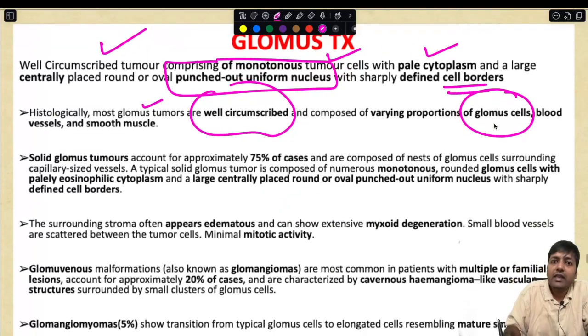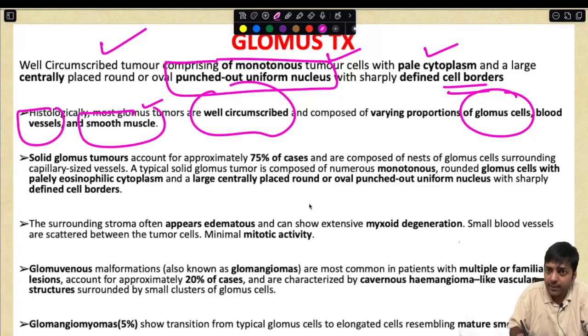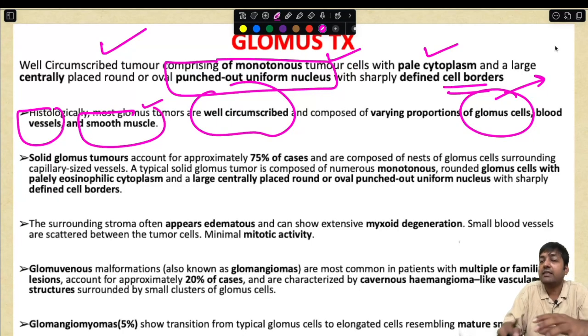So they are composed of varying proportions of glomus cells, blood vessels, and smooth muscle. Remember, the glomus cells arise from the perivascular smooth muscle cells, which are involved in thermoregulation, the pericytes.